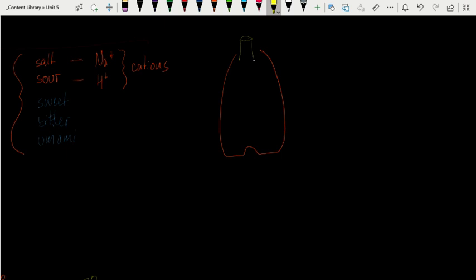Let's say it's for sodium, right? And then we're tasting salt. Well, in comes the sodium through a leak channel, and when sodium comes in, what happens? All of these positive ions build up inside the cell, and that leads to cell depolarization.